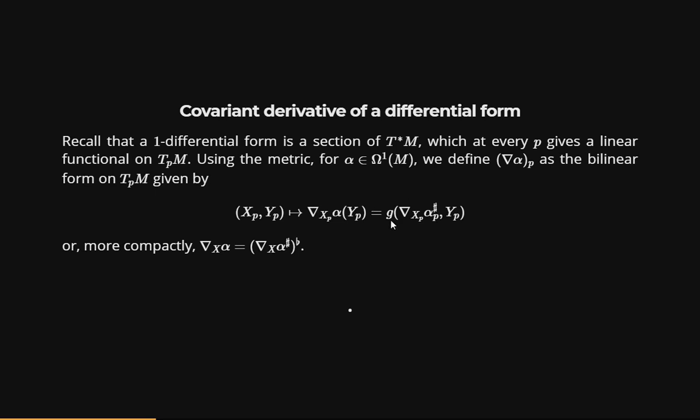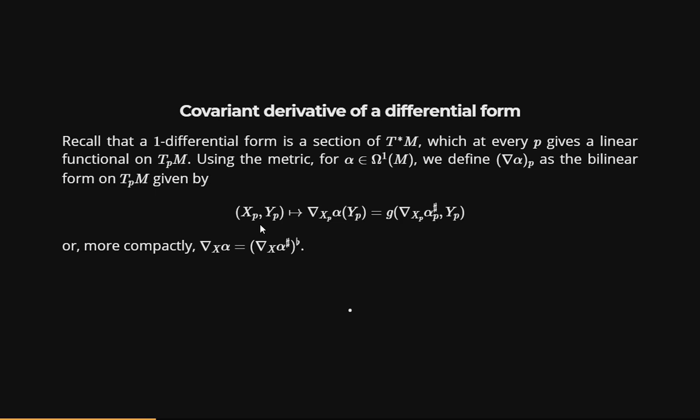The scalar product between the covariant derivative along X of alpha sharp against Y. Or, more compactly, this part, which is the same thing that I did on the Hessian at the beginning of the previous lecture. So anyway, everything we do on fields, we can do on differential forms.